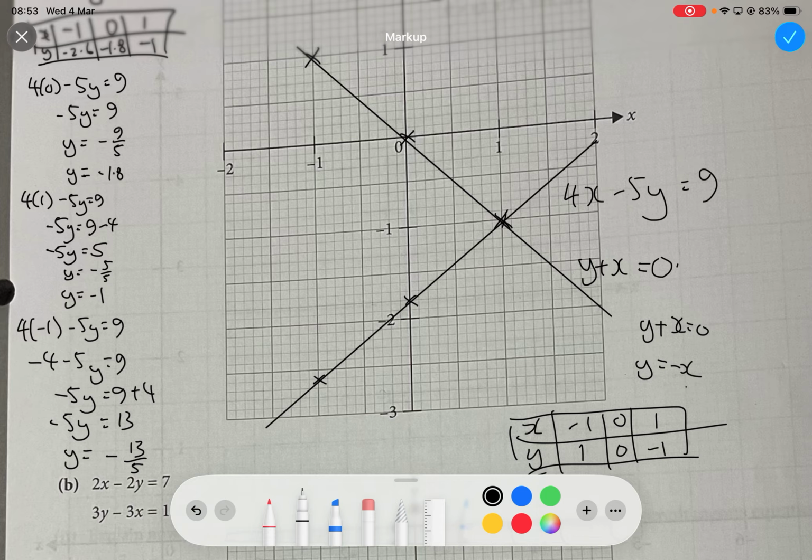Every point on this line is a solution for this. So when they meet, this is the solution for both. There is only one solution for both of them at the same time. 1, -1. Okay, so the answer is x equals to 1, y equals to -1.